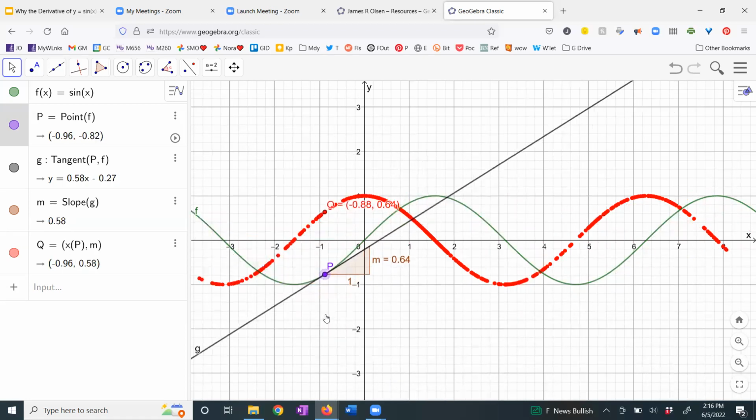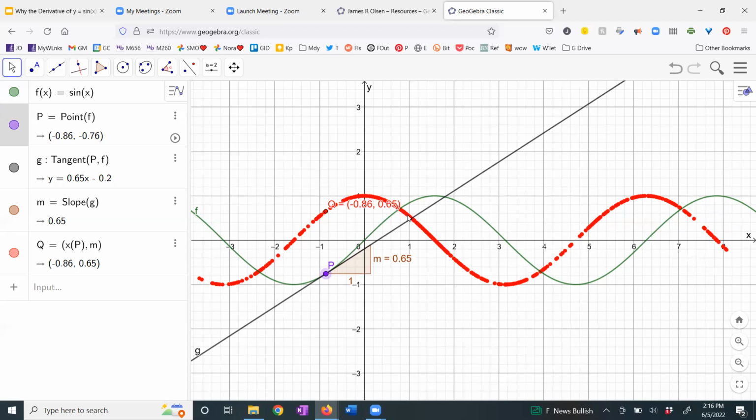Now, if we look at this red curve, what do we notice? This is, in fact, the cosine curve. The green one is sine. The red one is cosine, starting at a value of 0,1.